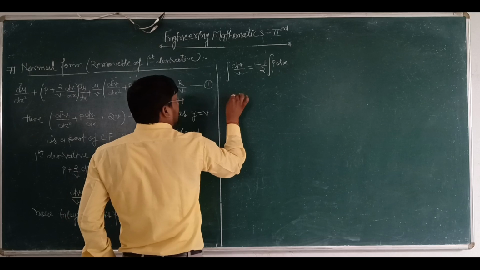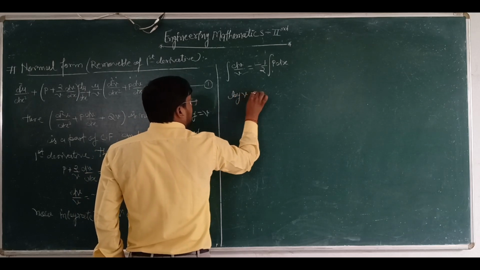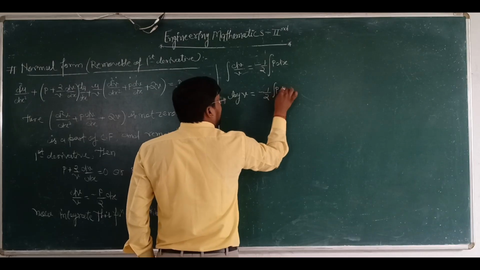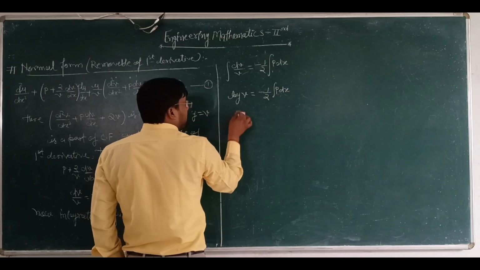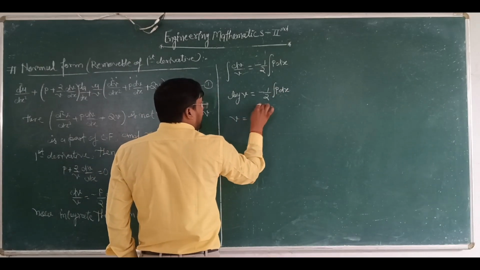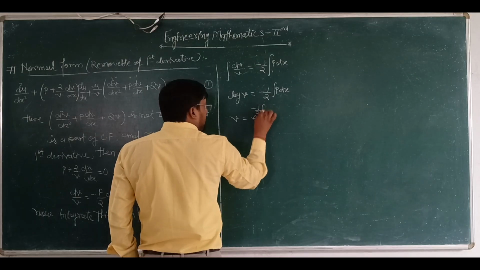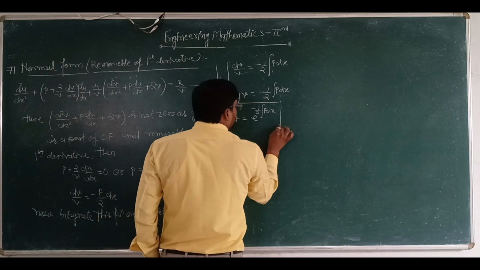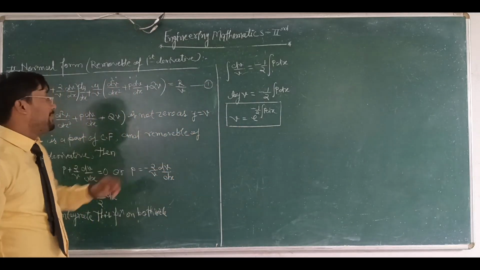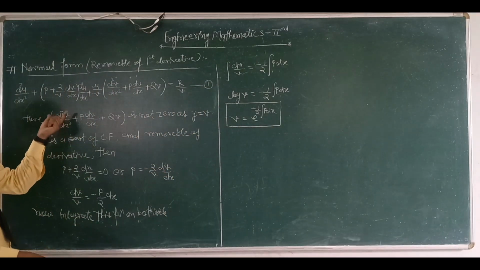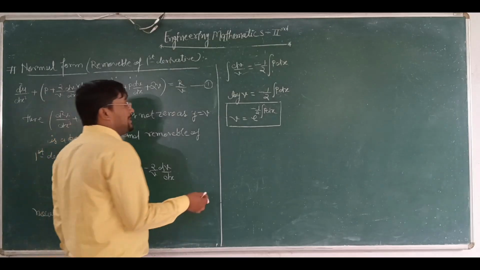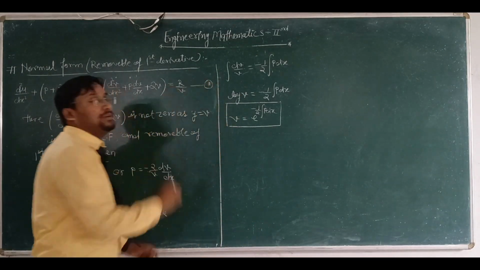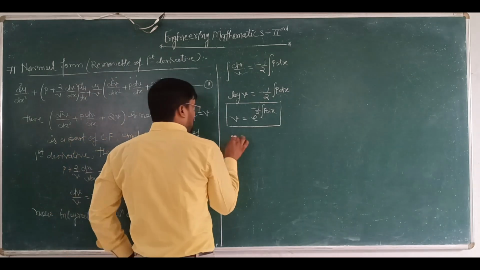Now you can write log v is equal to minus 1 by 2 integration p dx, or you can simply write v is equal to e to the power minus 1 by 2 integration p dx. This is the value of v.